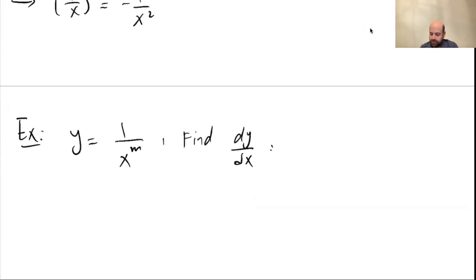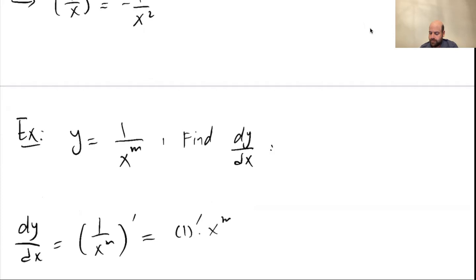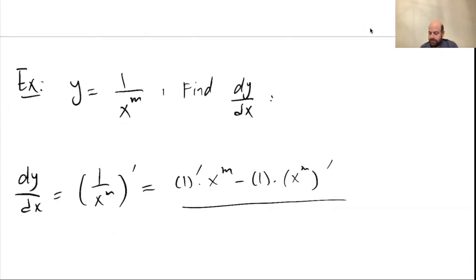We use the quotient rule again: 1 derivative times x to the power m, minus 1 times the derivative of x to the power m, divided by x to the power m to the power 2, right?